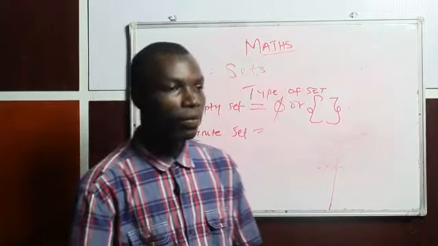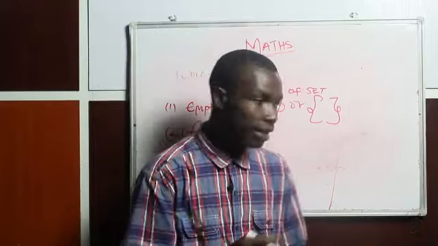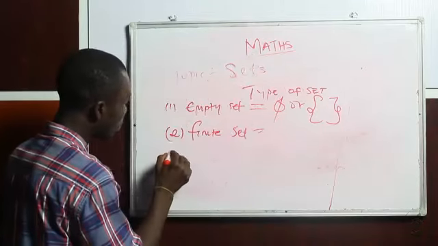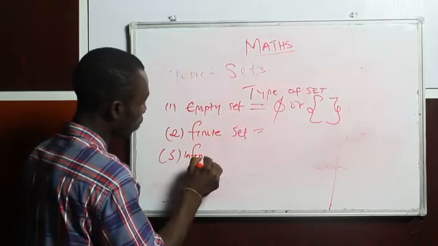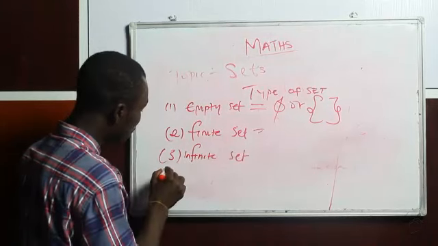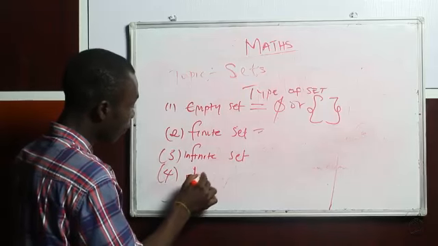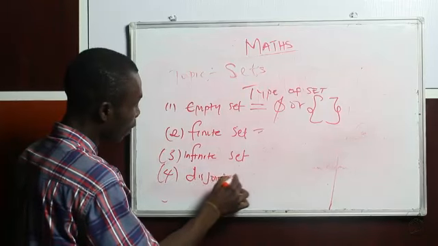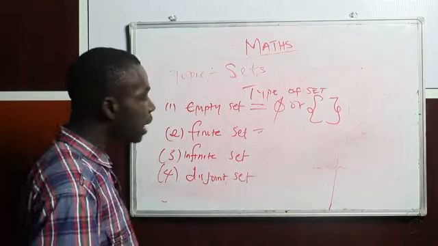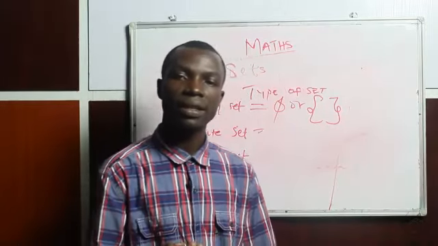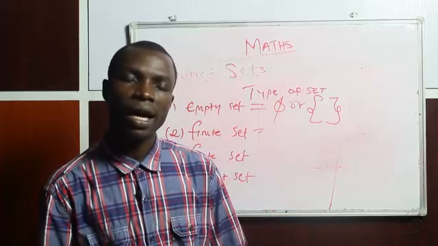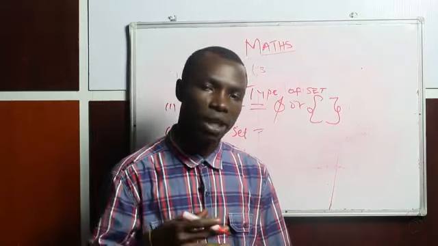We also have disjoint set. As I've said earlier on, finite set is a set that is countable, and infinite set is uncountable.